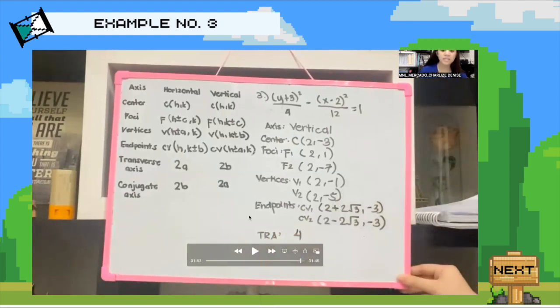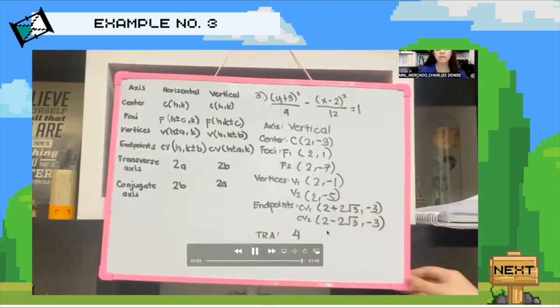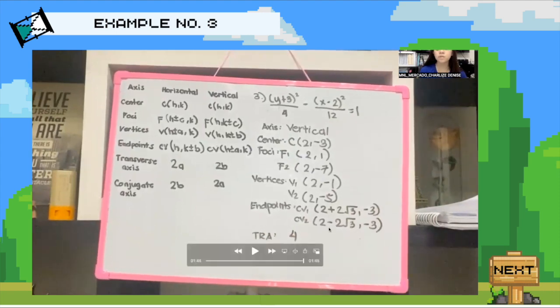And for our transverse axis, we have 2b, and for our conjugate axis it is 2a. So for 2b, 2 times 2 is equal to 4, and 2 times 2 square root of 3 is 4 square root of 3.